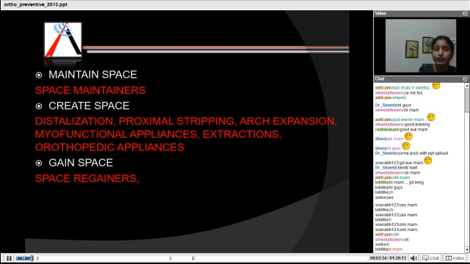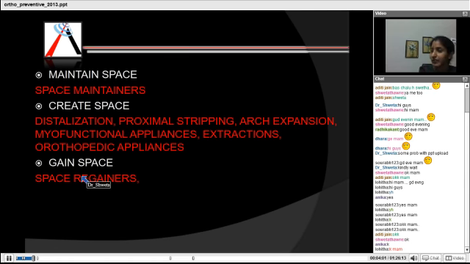So what you need to know is, when you come to a question, you need to know whether you need to maintain space, or you need to create space, or you need to gain space. Depending on that, you need to derive to a treatment. Now maintain space is easy. Whenever there is some premature loss of any tooth at a very young age, you need to give a space maintainer.